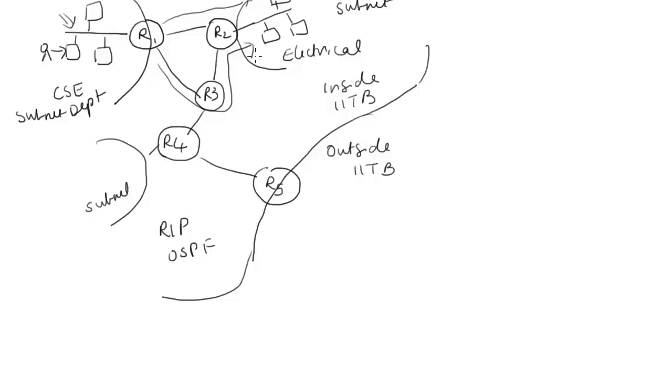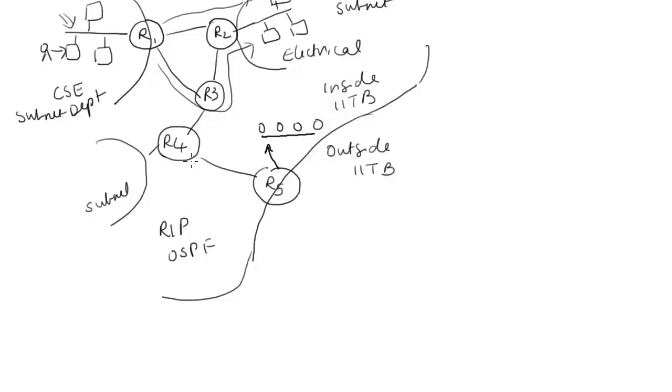But your packet that you have generated for Google is not for within IIT Bombay, it is outside IIT Bombay. So how does this router R1 know to send to R5? For this, R5 injects this particular default address 0.0.0.0 into the routing domain.